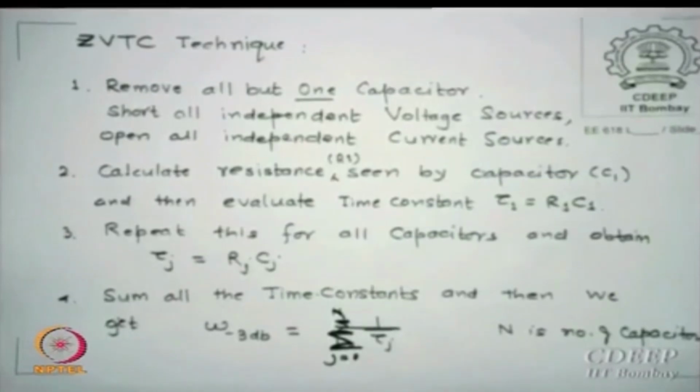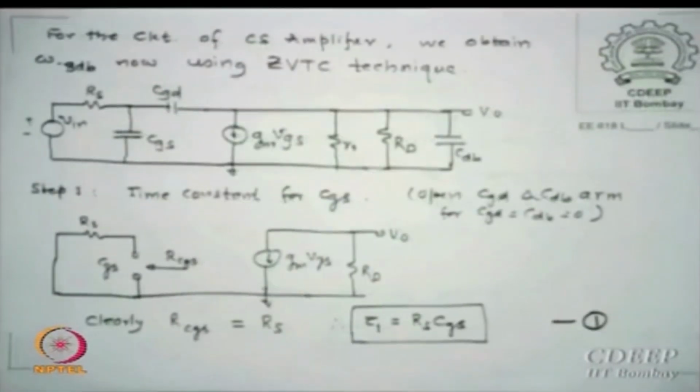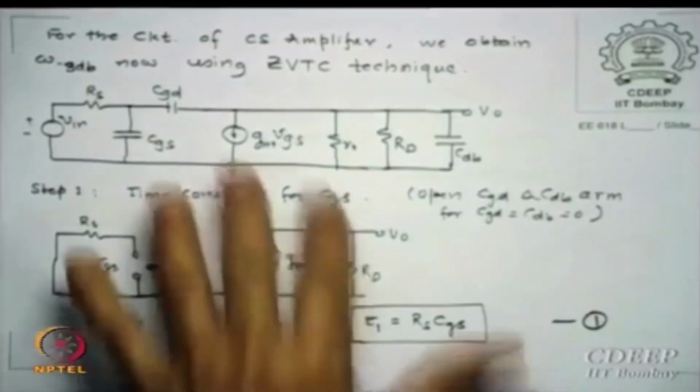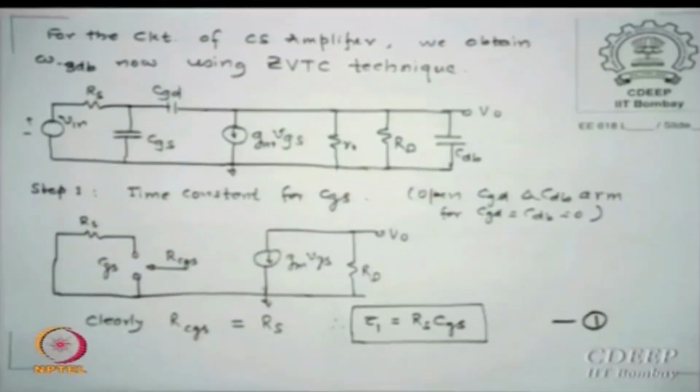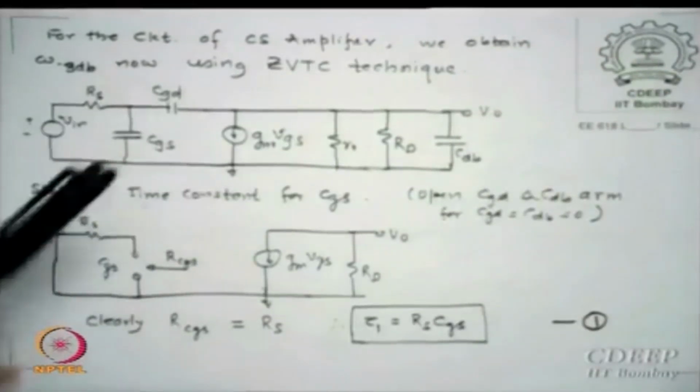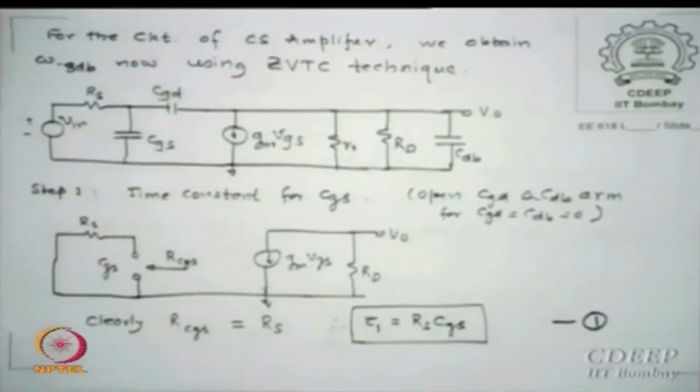This is the technique, zero value. For the circuit of common source amplifier, we obtain the minus 3 dB point using the ZVTC technique. This is your equivalent circuit, okay, and right now I leave CDB, even CGD I am removing for now, I don't want them to be there.